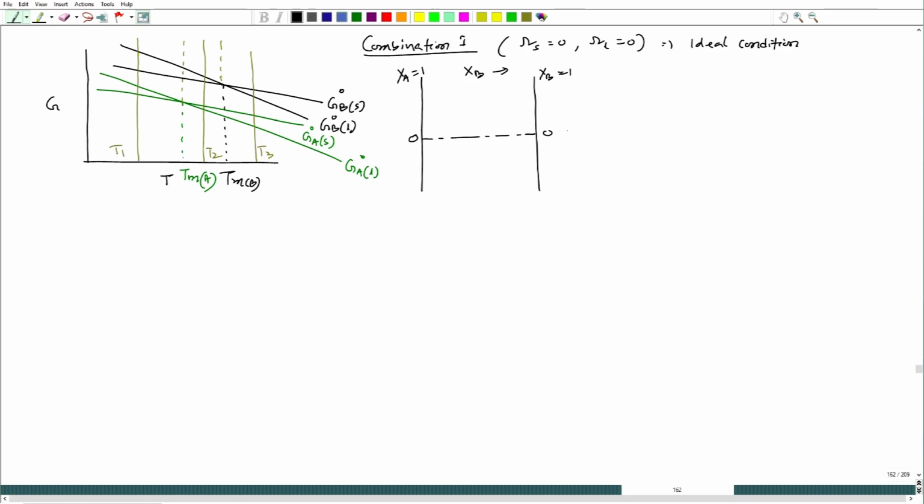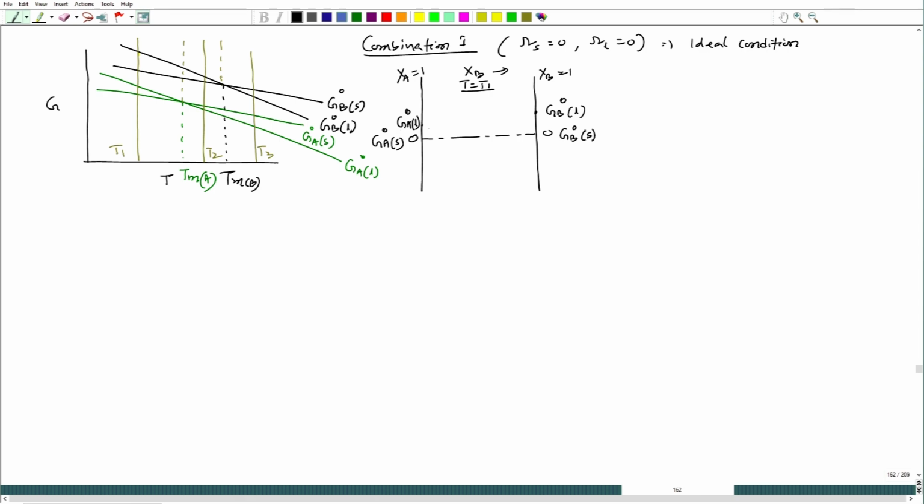We see that G B not solid is stable in case of B at T1, and this side is G A not solid, and accordingly the position of G B not liquid will be here, and G A not liquid here.